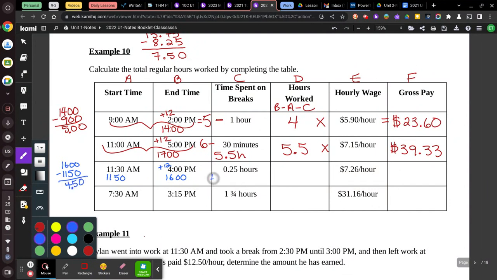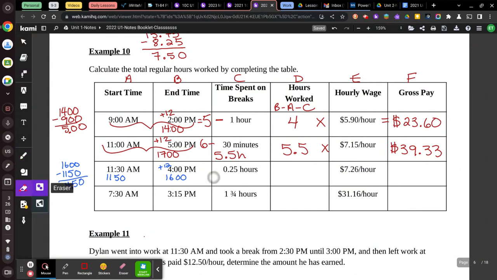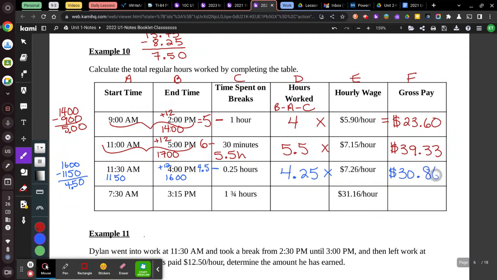We're going to have 4.5 hours that we're subtracting. So we would put it up here, 4.5 hours, subtracting 15 minutes, 0.25. Well, that's going to end up being 4.25, 4 hours and 15 minutes. Timesing by our hourly wage to give us $30.86.